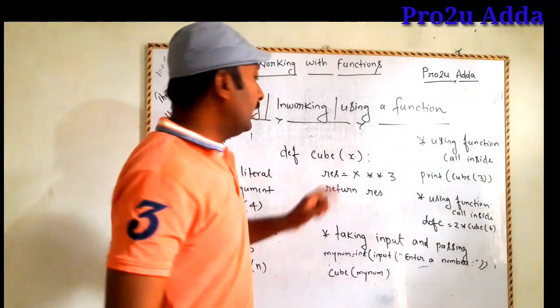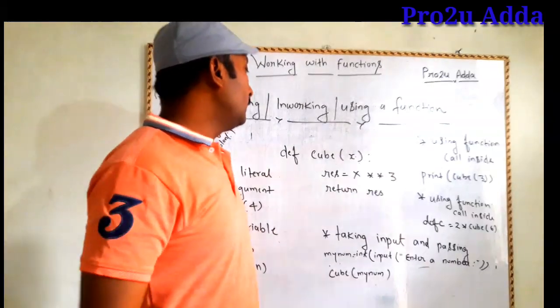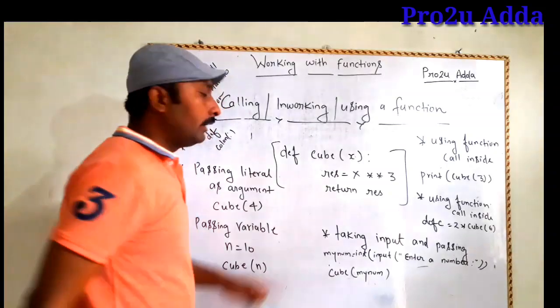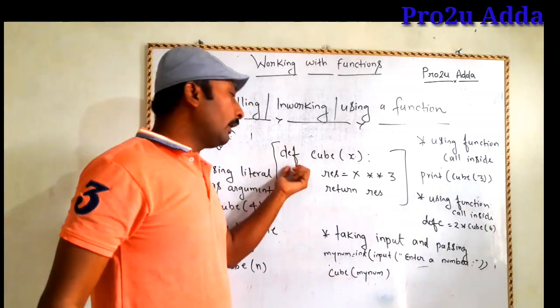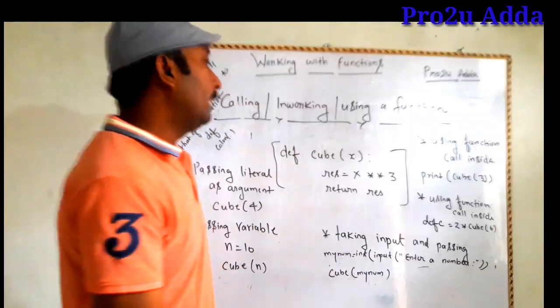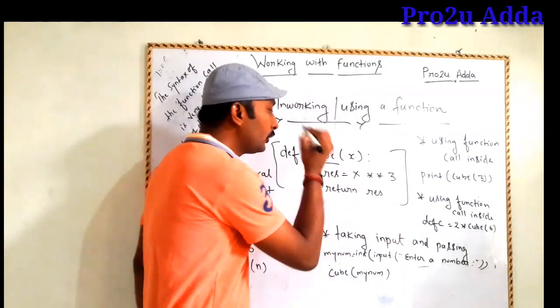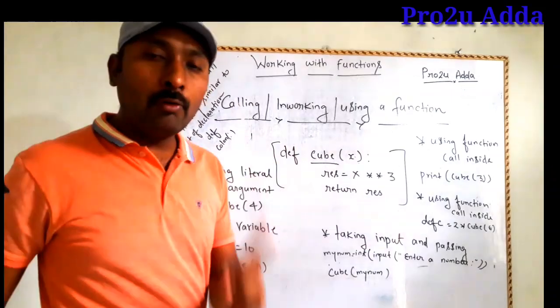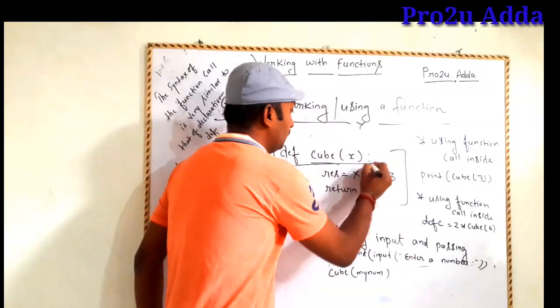Here is one more example. In front of you, you can see this example carefully. Def is being used. Why do we use def? To define a function and a function name. The function name here is cube, and the argument we have passed is x, followed by a colon sign.